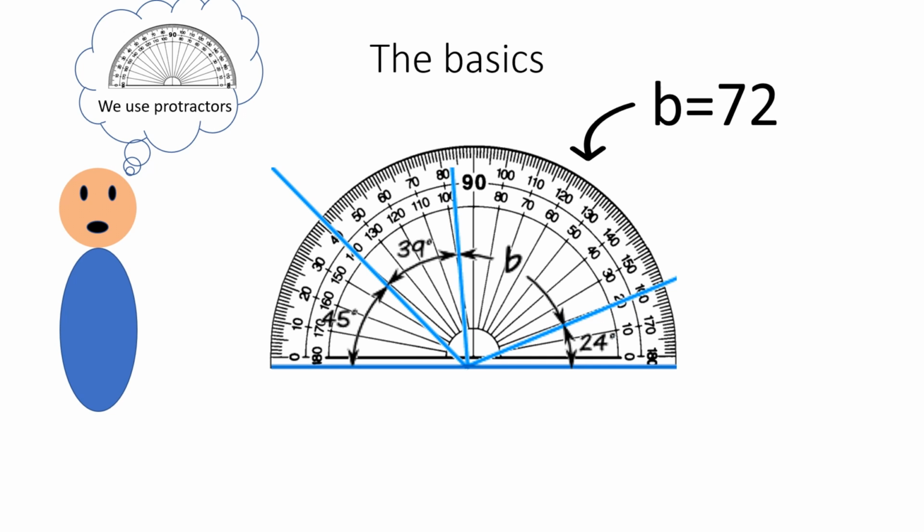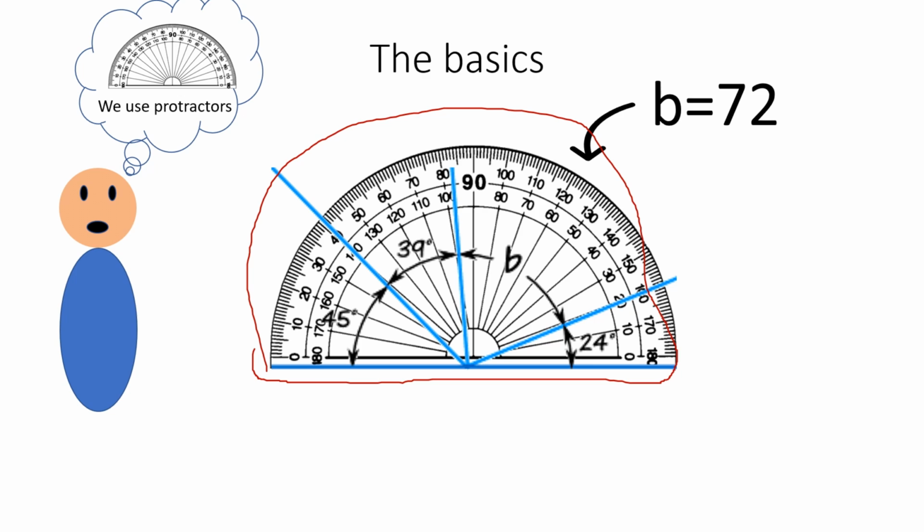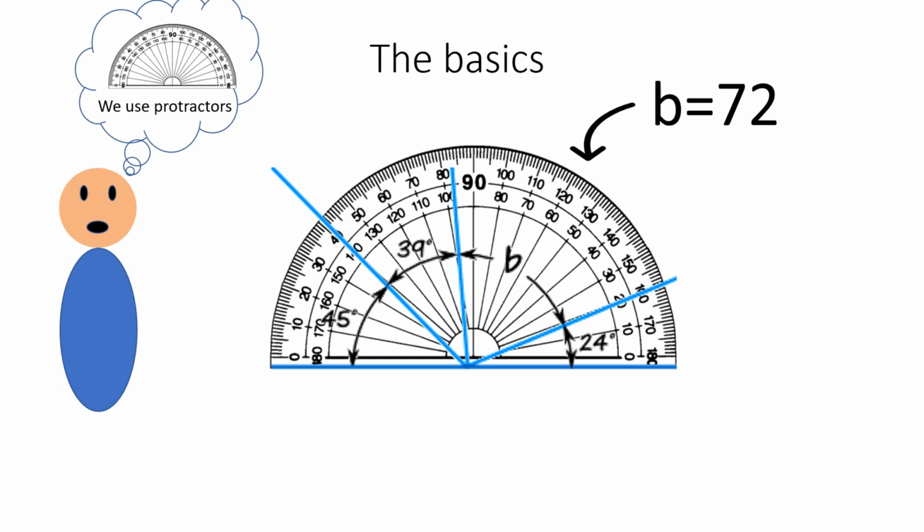Okay, here are the basics. Just a quick side note: this did not line up perfectly, so it's obviously not going to show the right angle. Don't mind that. But if it did line up, it would show 72, because protractors are good and useful.